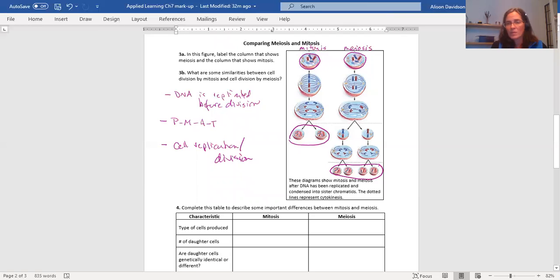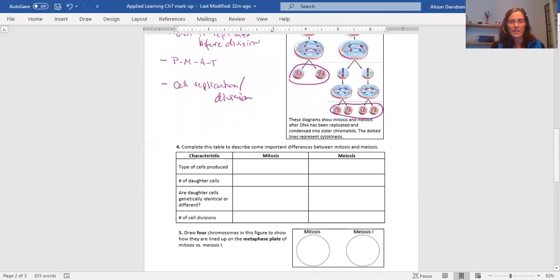The next table looks at this in a little bit more detail, looking at the differences between them. So here are our characteristics, and then on the other side, we want you to talk about them in mitosis versus meiosis. Most students don't have any problem with this one. Just double check you got your answers correct. The type of cells produced: mitosis is used for body cells or what we call somatic cells, whereas meiosis is used to produce gametes.